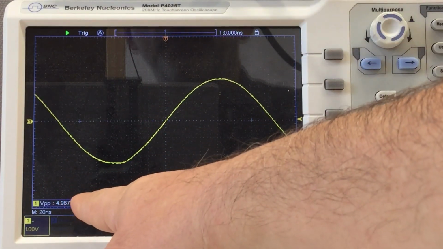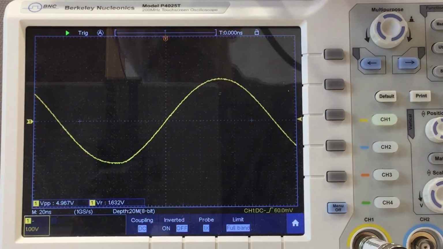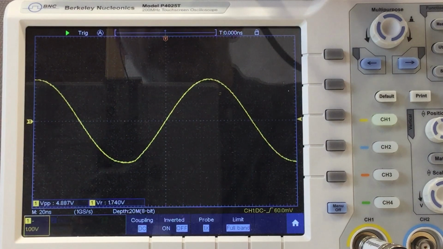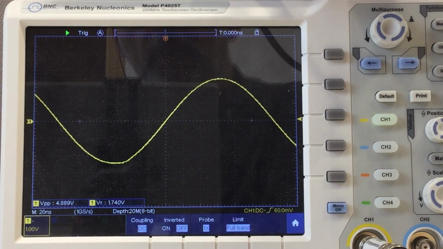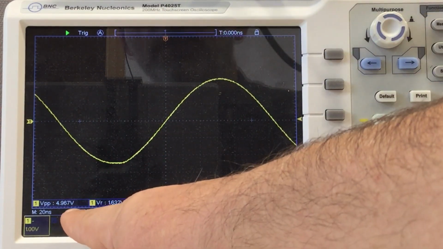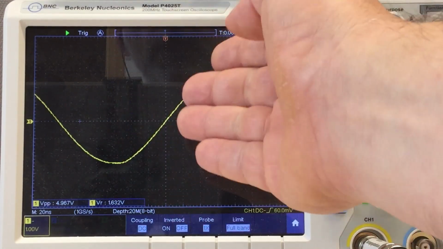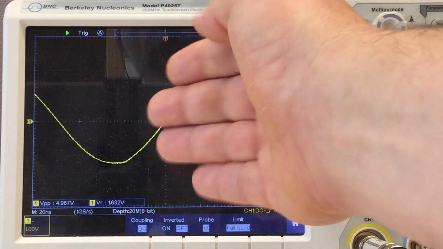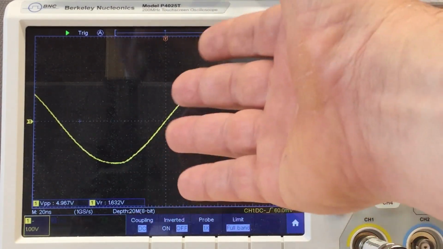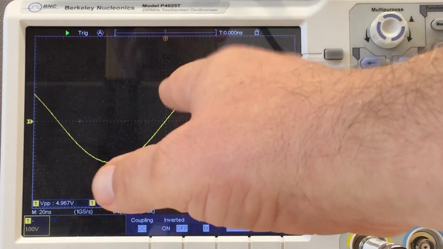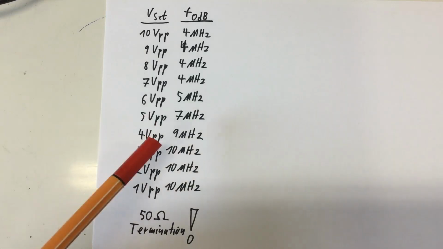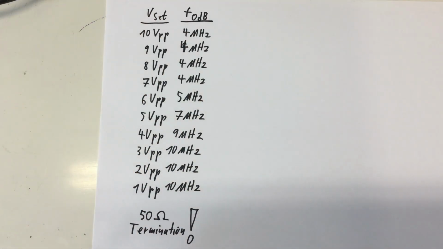Let's be generous at 4 megahertz. At 5 megahertz, not quite. So at 4 megahertz. Let me do the measurements for all amplitudes, for all 10. It's only 10 measurements. Give me a sec. That's what I measured. Okay.